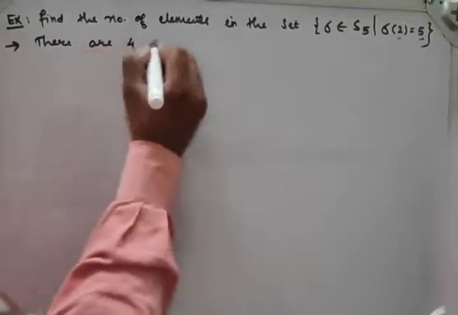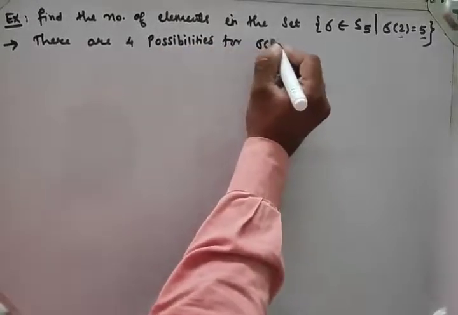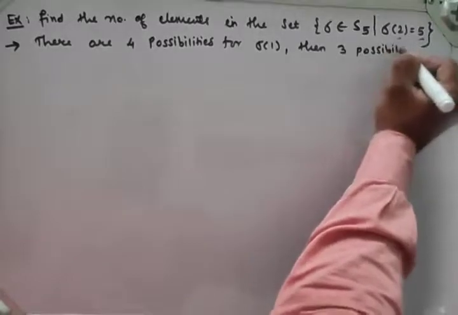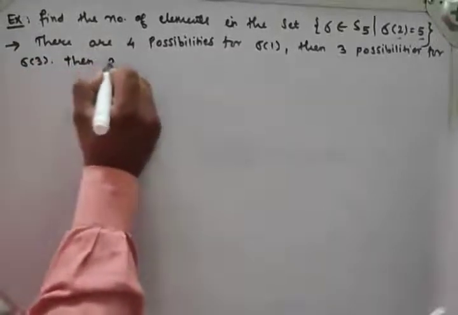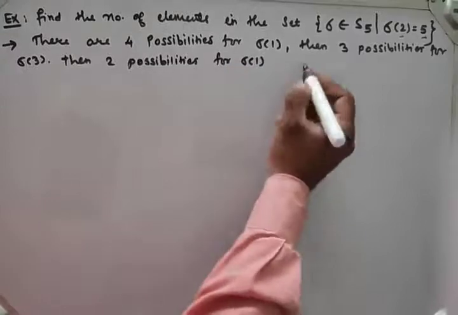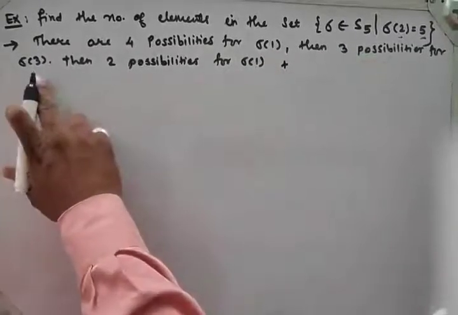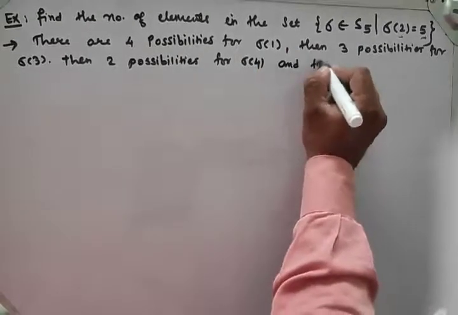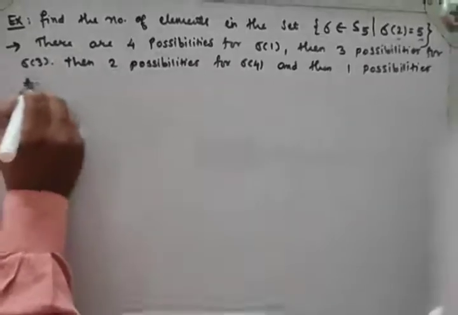There are four possibilities for sigma of 1, then three possibilities for sigma of 3, then two possibilities for sigma of 4, and last one possibility for sigma of 5.